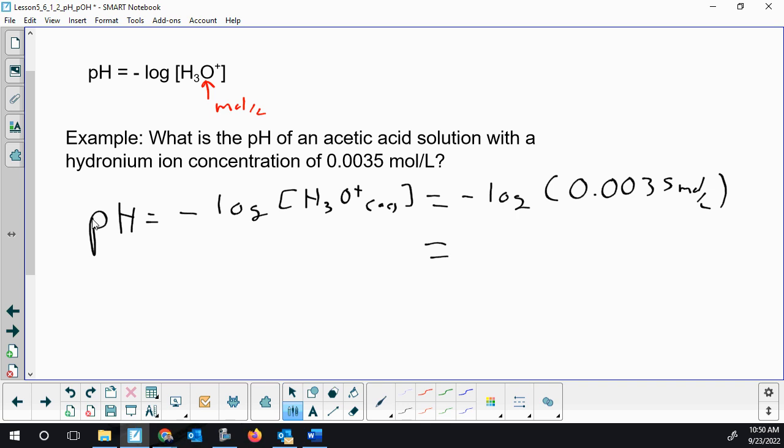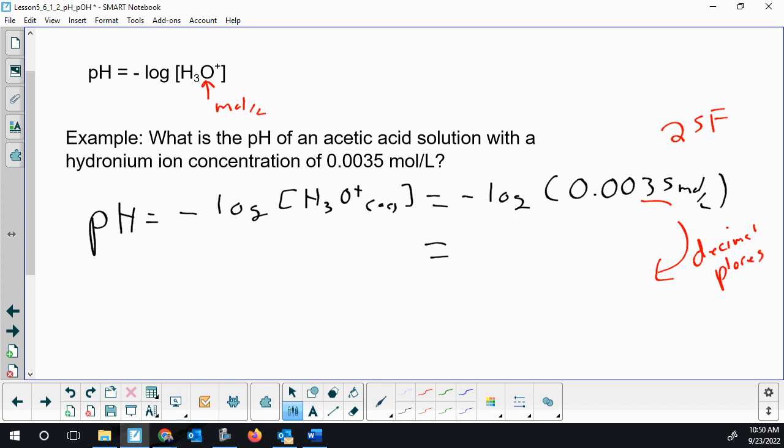So the only tricky part, which again is an outcome of regular Chem 20, is the sig figs. We have two significant figures in our concentration. So when we take the log of it, anytime we express the pH, the sig figs are just the decimal places.